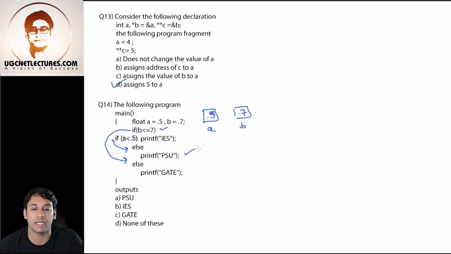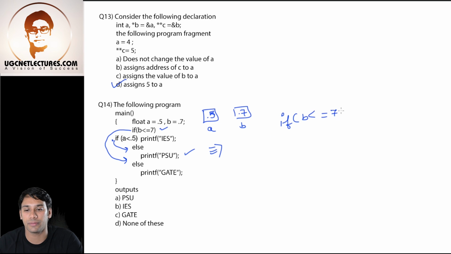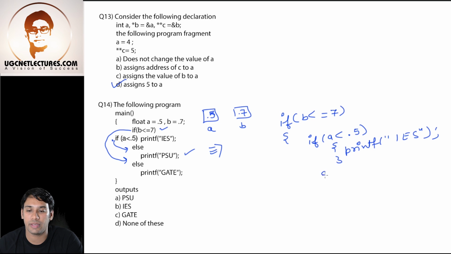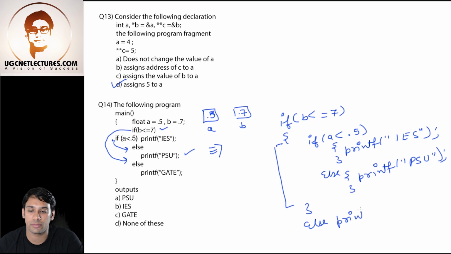So we can write the same program like this: if b is less than or equal to 7, then if a is less than 0.5, then printf ies, else printf psu, or else printf gate.